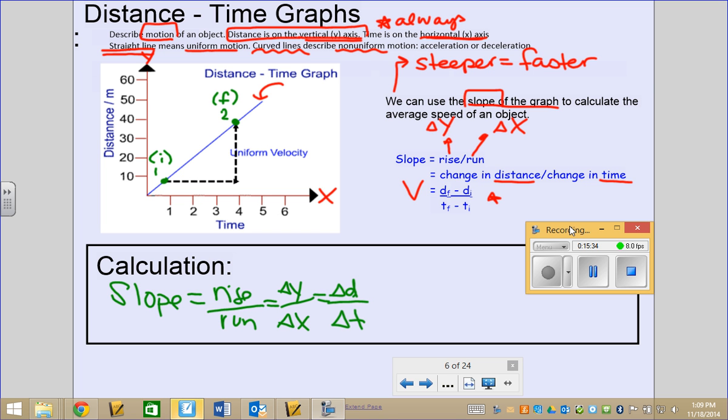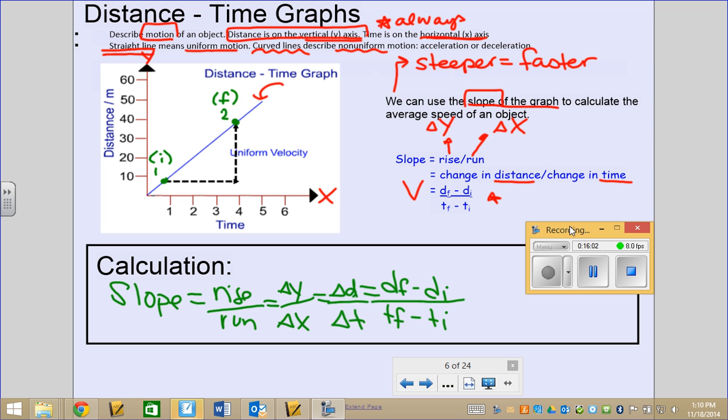I just like to make sure you know why I'm taking distance and time as the values in this graph. So I'm going to take final distance minus initial distance over final time minus initial time. This is a spot where initial time and initial distance aren't necessarily going to be zero like they were for a lot of the calculations we did yesterday.